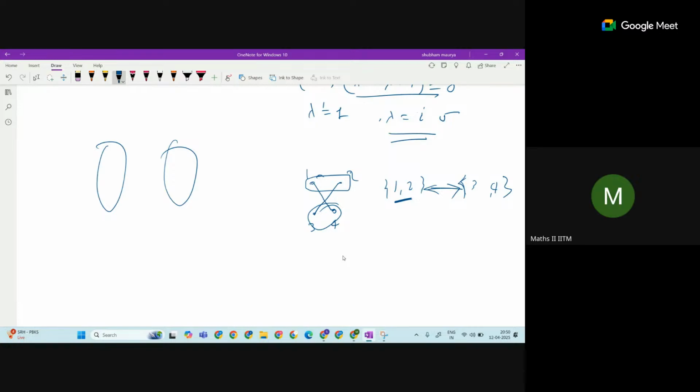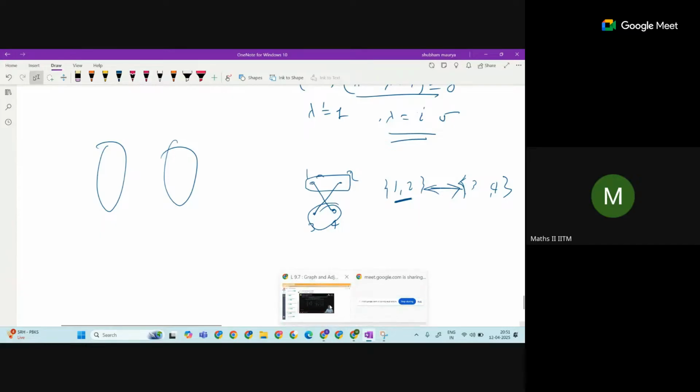It means you can divide your graph into two different sets of vertices where there is no edge within a set, but there are edges between the sets. This kind of graph is called a bipartite graph.